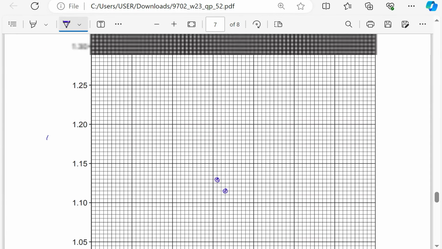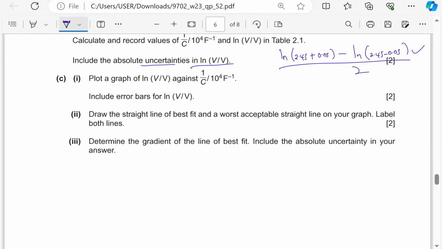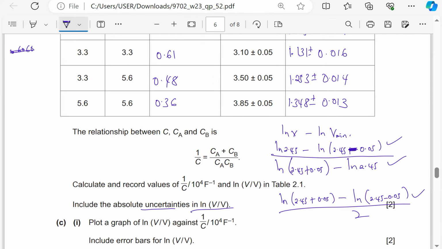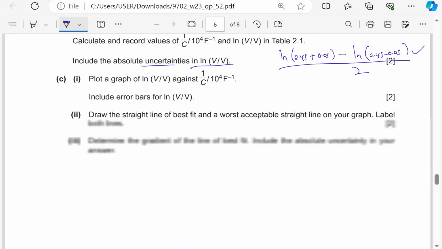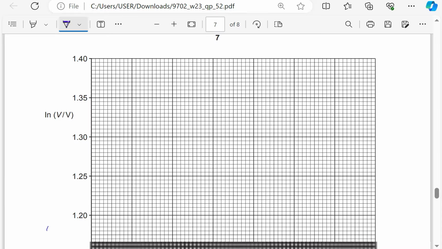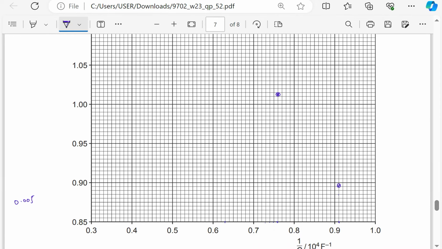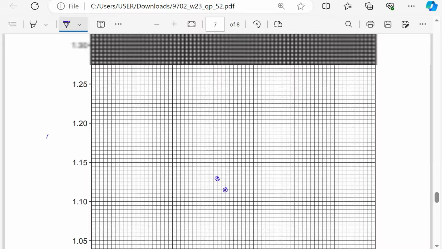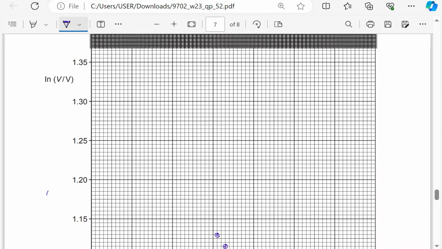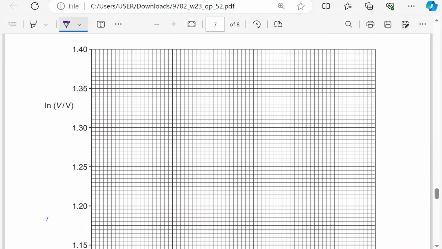Then the next one is 0.48 against 1.253. So how many boxes are those?